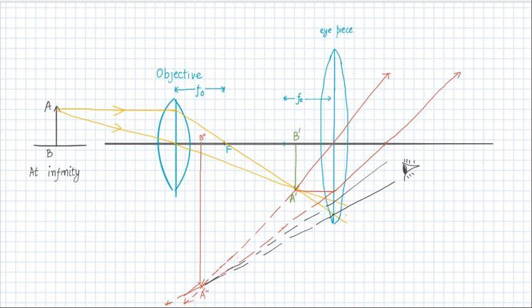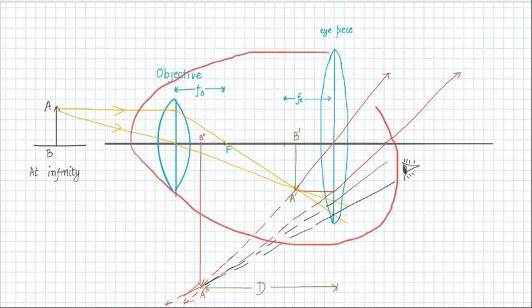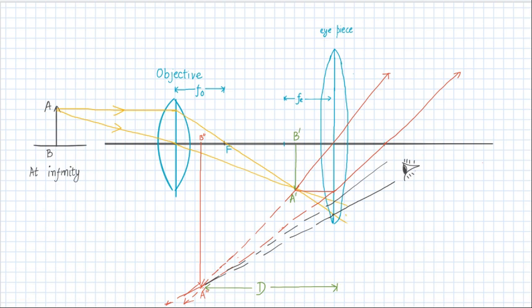So this distance is represented by capital D, and this distance is known as your least distance of distinct vision. Then we will try to derive the magnifying power of this astronomical telescope. Fine, the condition is that this final image should be formed at the least distance of distinct vision.